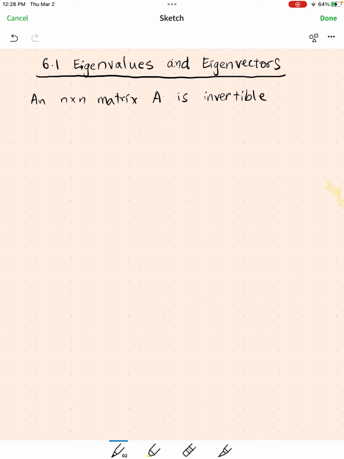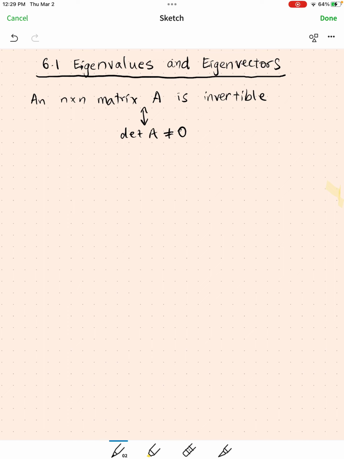If a matrix is invertible, the determinant is not equal to 0, right? And if the determinant is equal to 0, then the matrix is not invertible. So you have a criterion for invertibility in terms of the determinant.